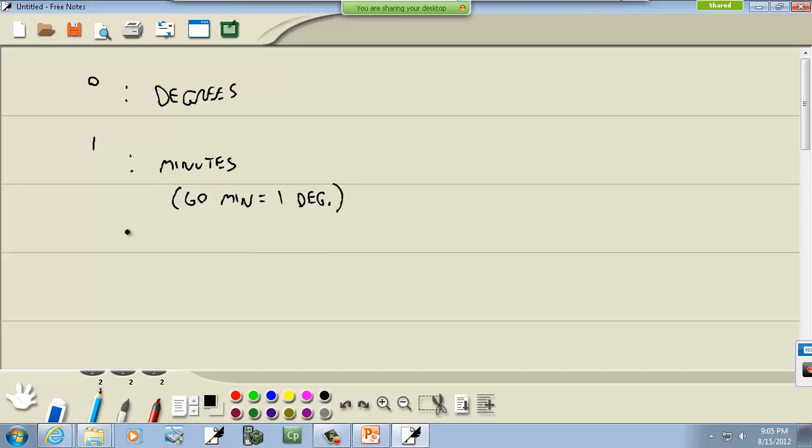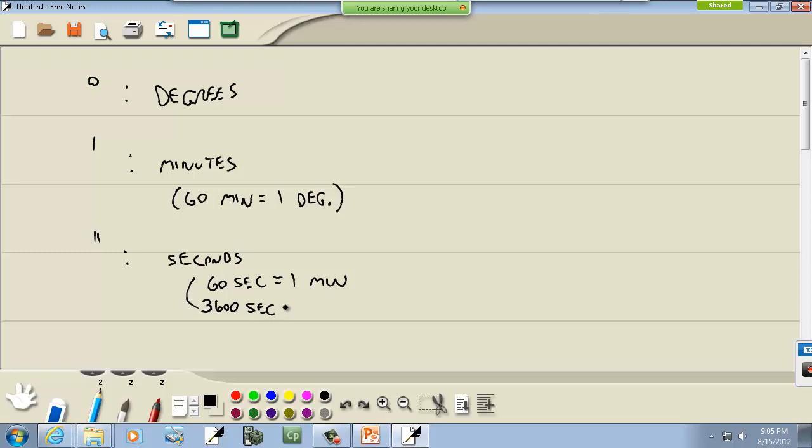It's a finer way of measuring. Then if you got two little tick marks like that, you probably kind of guess what this is. Seconds. And what we'll find here is 60 seconds is equal to 1 minute.